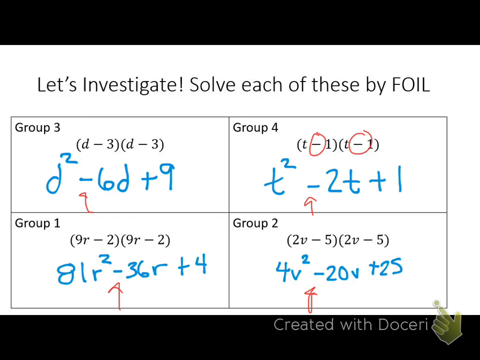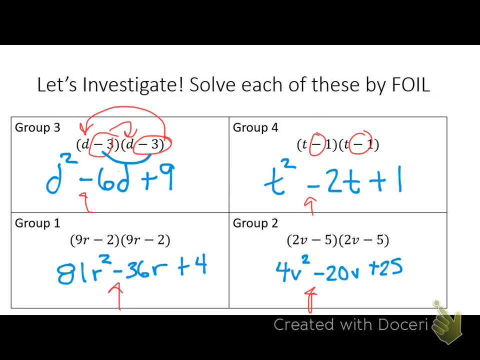Okay, so because of that, it makes only the middle one negative, because I would have gotten, for example, negative 3 times d, and then negative 3 times that d for my outer and my inner terms. And so because of that, the middle one is negative, but if I went to multiply negative 3 times negative 3 to get that 9, the negatives become a positive together. So that's why only the middle term is negative.